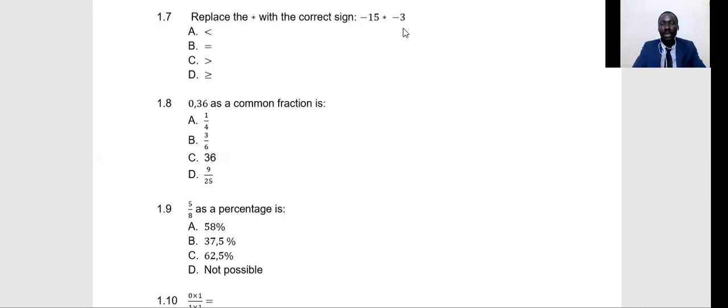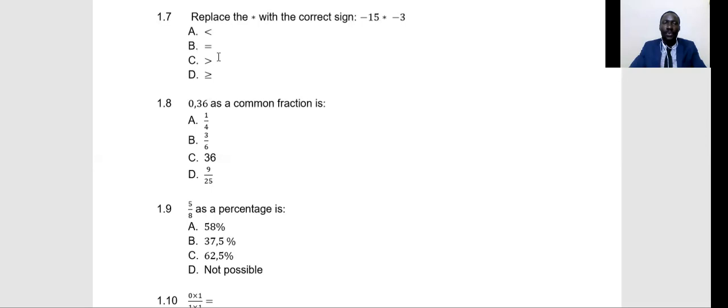So when you begin counting from 0, then you count on the left, negative 1, then negative 2, then negative 3. You notice that the further you go to the left, the smaller that number will be. So that means negative 15, which comes much later than negative 3, is less than negative 3.